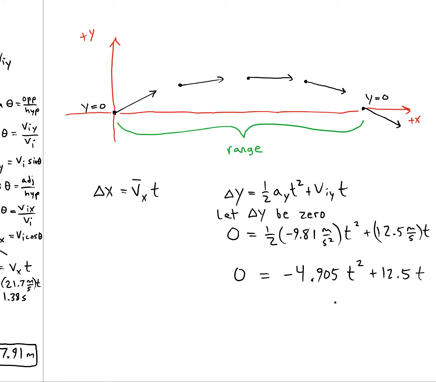I'm just going to eliminate the units for simplicity's sake. Alright, so t equals 0 or t equals 2.55.